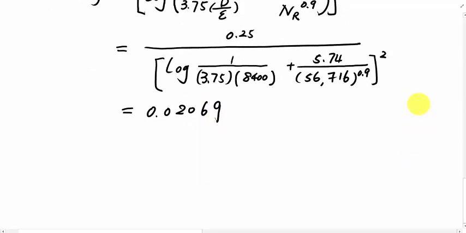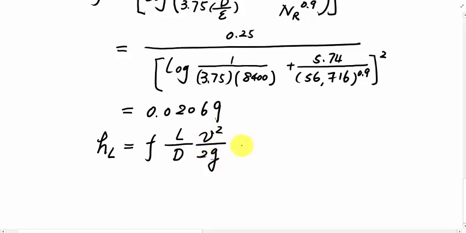Okay, so now once we get this friction factor, we're going to use Darcy's equation. It's h_L equals f L over D times V squared over 2g, right? Okay. So I'm just going to use this 0.021. That's what we read from the Moody diagram. You can use the other one as well. It won't make a big difference.